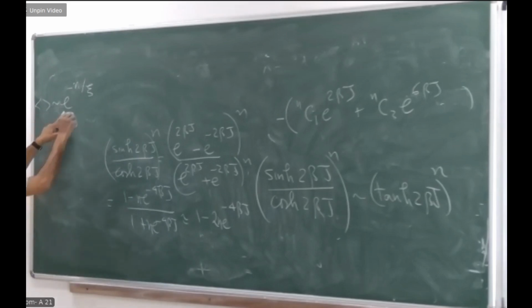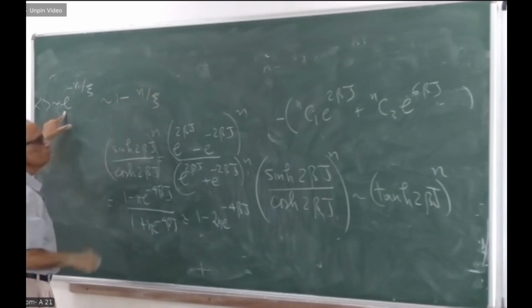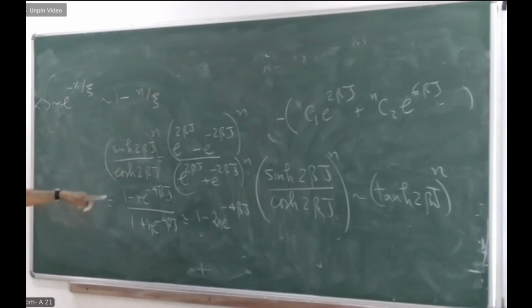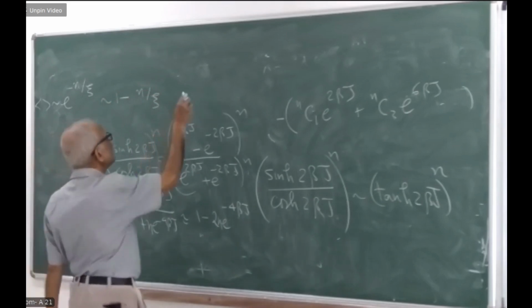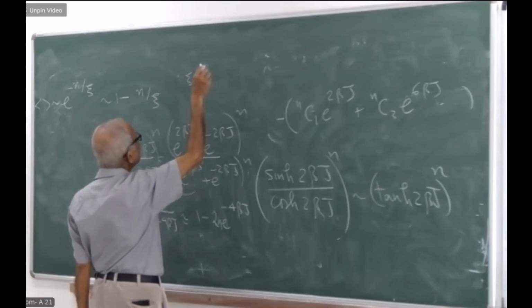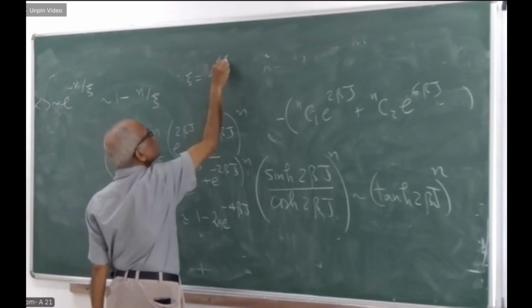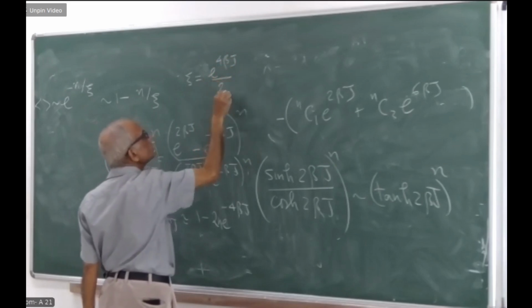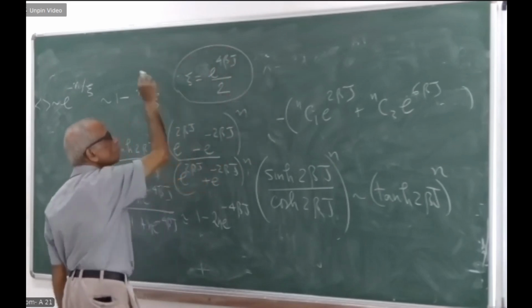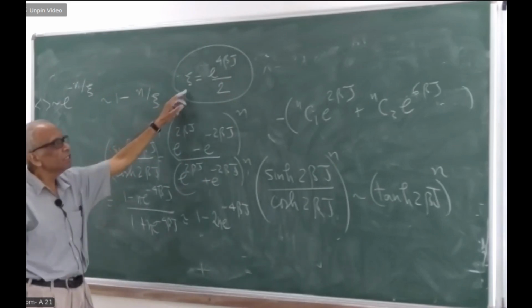And so for very large xi, this is 1 minus n over xi, and then you compare and find that xi is equal to e to the power 4 beta j over 2. So the correlation length blows up.